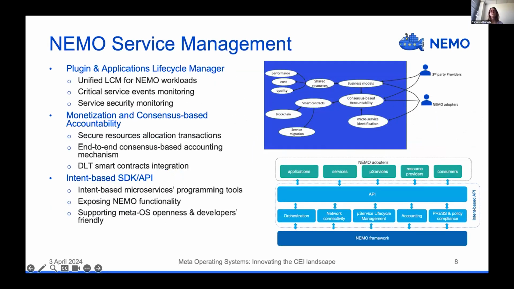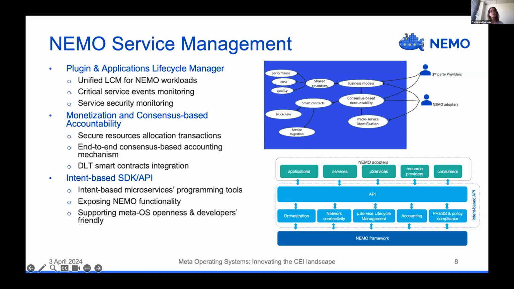The next set of functionalities have to do with the service management of NEMO. Here, the first component delivers lifecycle management services for plugins and applications. By applications, we mean, of course, the ones that run on top of NEMO. By plugins, we could consider any type of workload, even the components of NEMO per se.